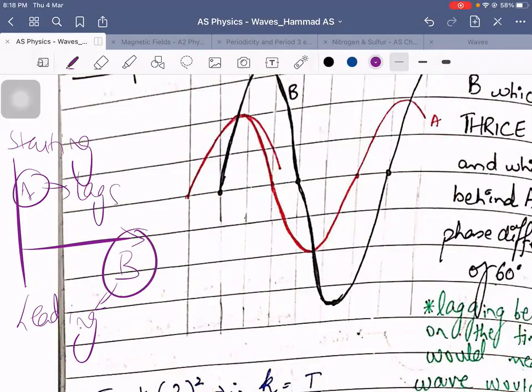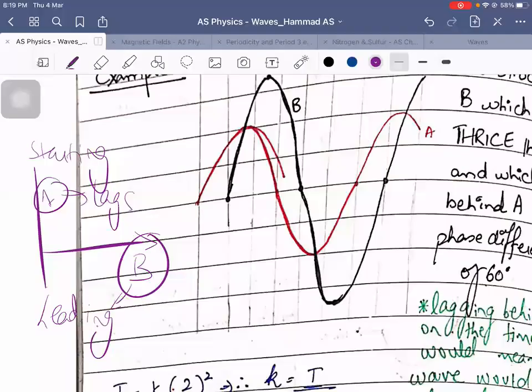right? So waves work in exactly the same way. The wave that starts off at an earlier time, meaning to say the wave that starts off before or is ahead in time, right?